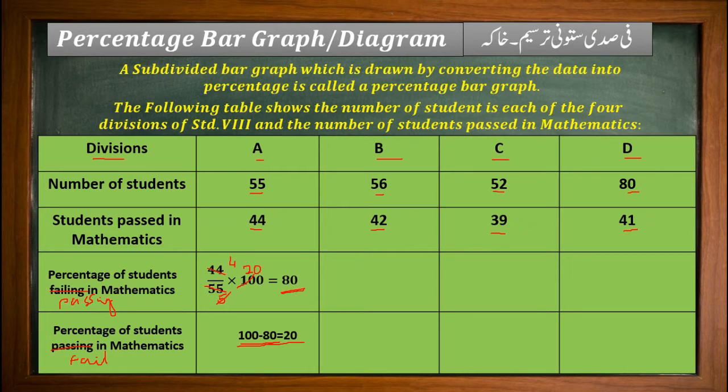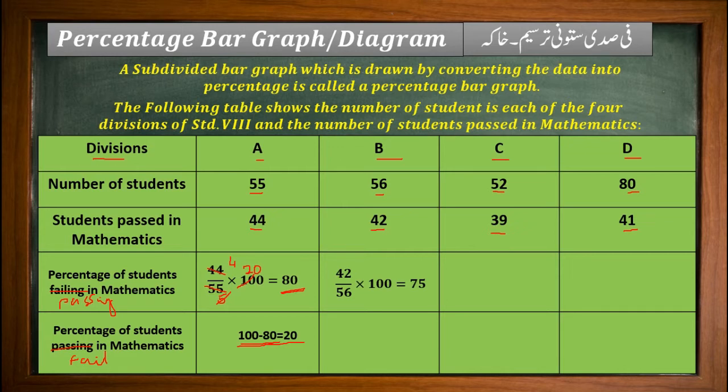Now we will move to the next. You will see here 56 students are total in B division, and 42 students passed in mathematics. So how many of them are passing? The percentage of 42 from 56 is 75.